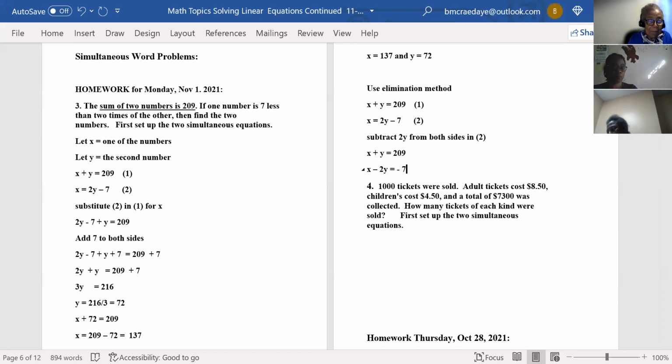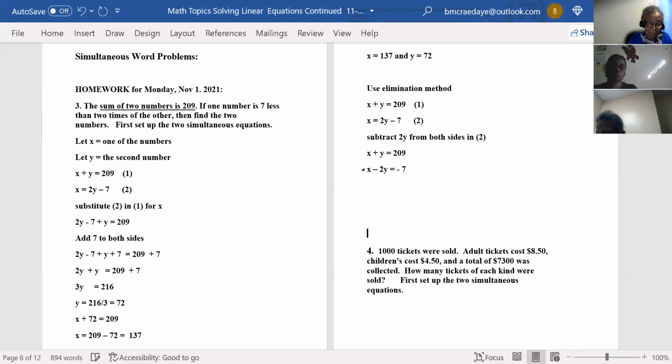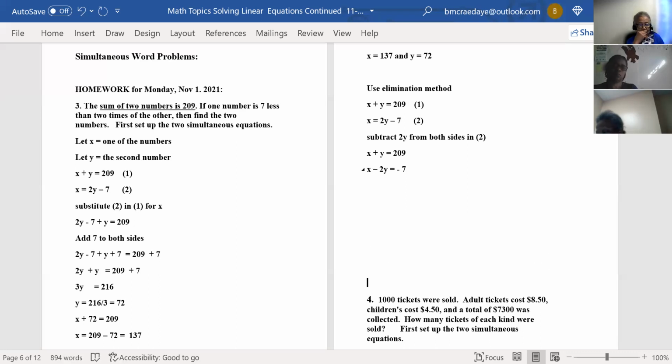Okay, now, since we see x and x, what can we do with these equations? They just have y left. Vanessa, what could we do? Yeah, if I subtract this equation from this one, x minus x.